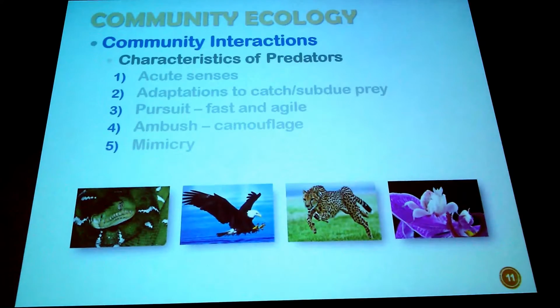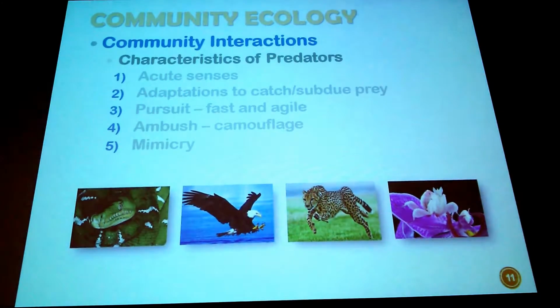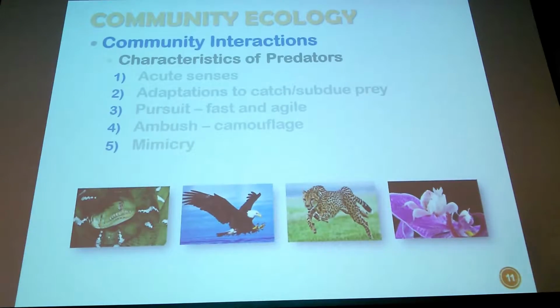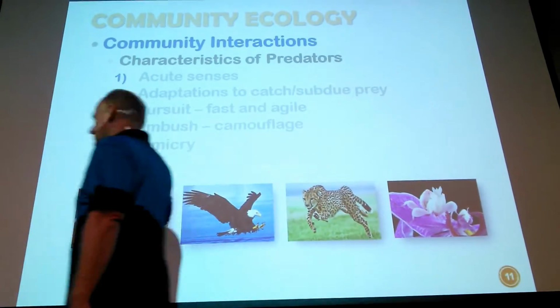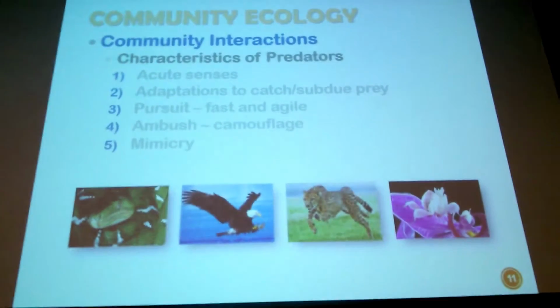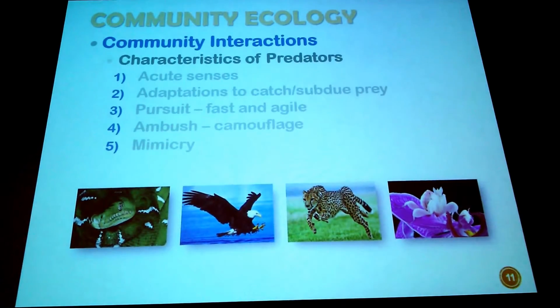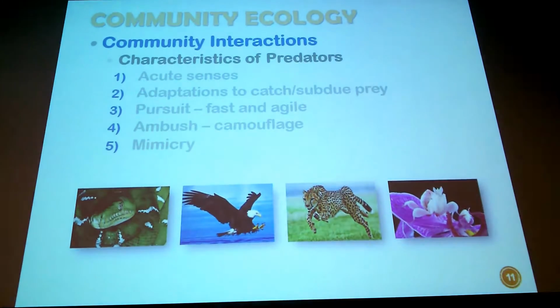Characteristics of predators: acute senses, adaptations to catch and subdue prey, pursuit, being fast and agile, ambush, using camouflage, or even sometimes mimicry. Okay, we've got an emerald tree boa. It's a big snake, a constrictor. It's not venomous. What it'll do is bite and hold on and wrap its body around its prey. But how does it find that prey?